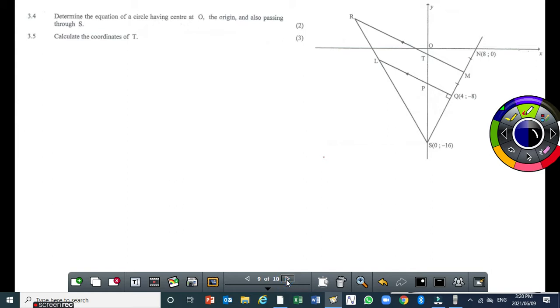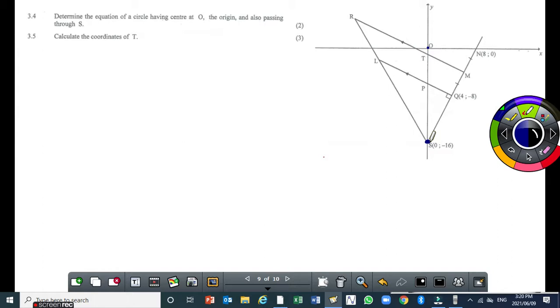Then 3.4 says determine the equation of the circle having a center at O, that is the origin, and also passing through S. So the center is here, and it's passing through this point. You want the equation of that circle.